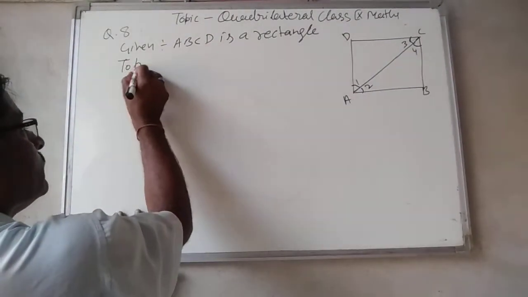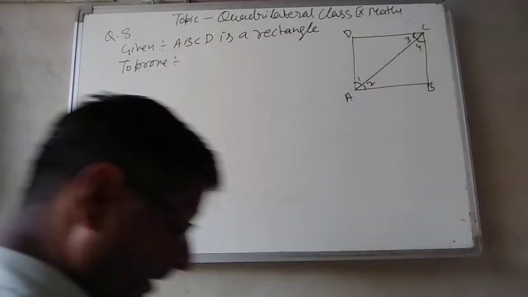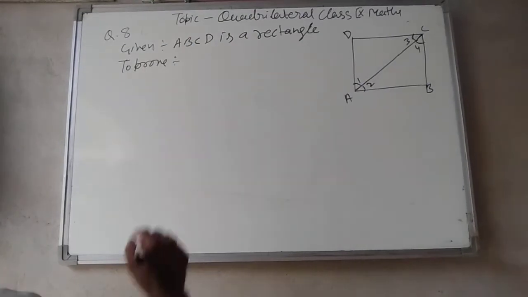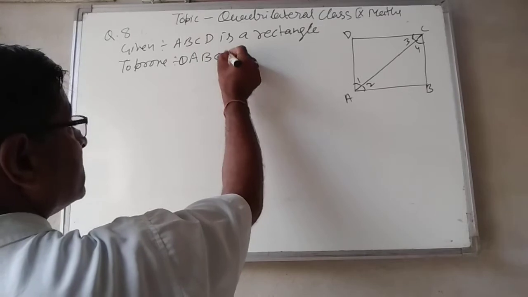To prove, there are two results given clearly in the question. First, ABCD is a square.